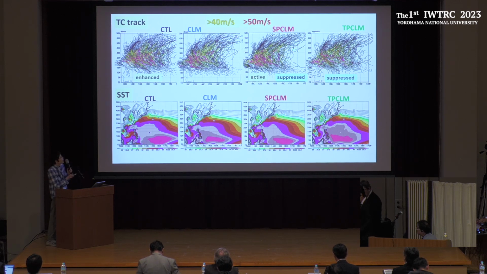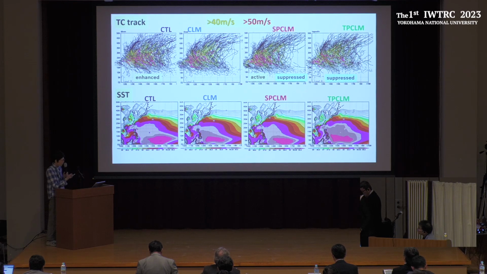Without the subtropical warm anomaly, the active area of tropical cyclones is confined to the western part of the Western North Pacific, and in the eastern part suppressed conditions appear. Without the tropical warm anomaly, an overall reduction of tropical cyclone activity was found.